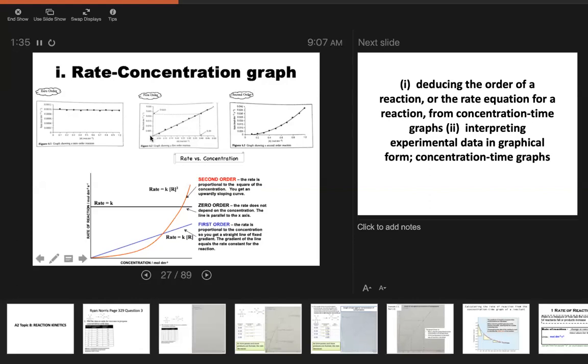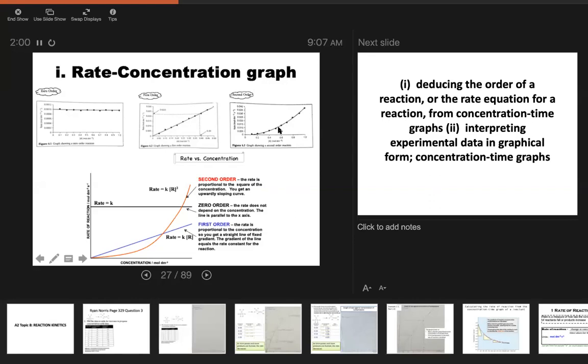For first order, it will be an increasing straight line that passes through the origin. This is because however much you increase the concentration of your particular reactant, the rate will have the exact same effect. As for second order, it will be an increasing curve.